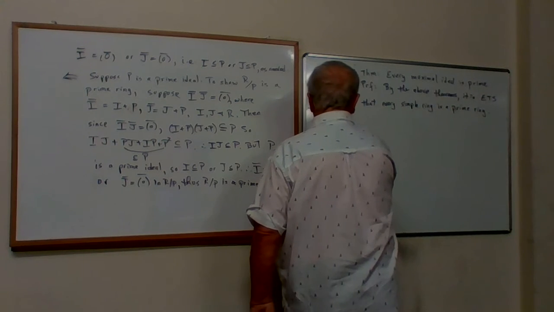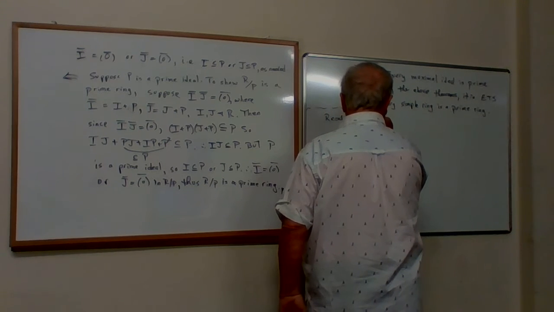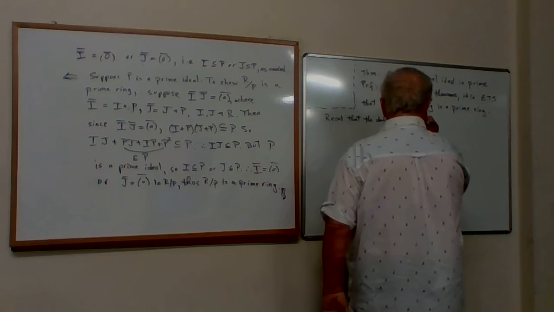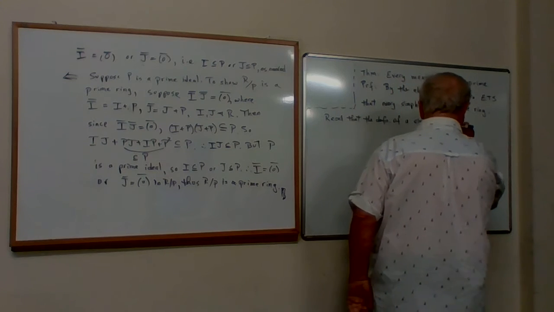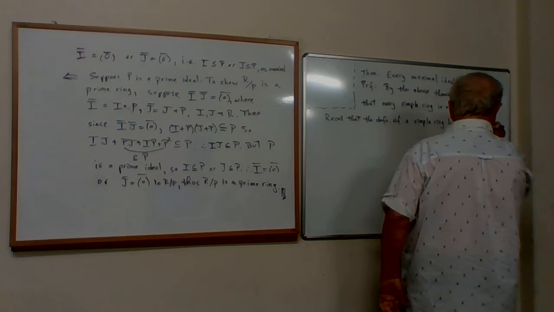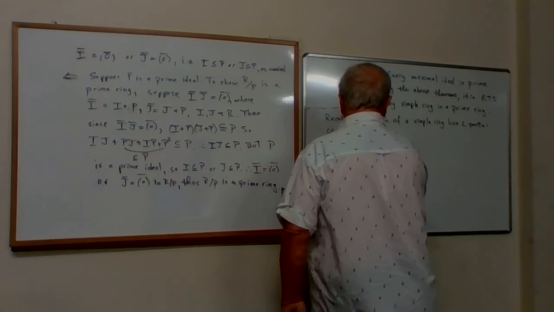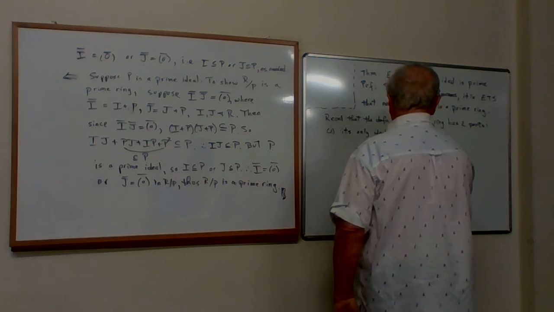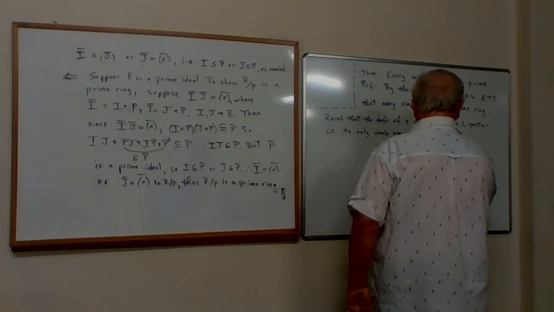So recall that the definition of a simple ring has two parts. First of all, its only ideals are 0 and the whole ring.